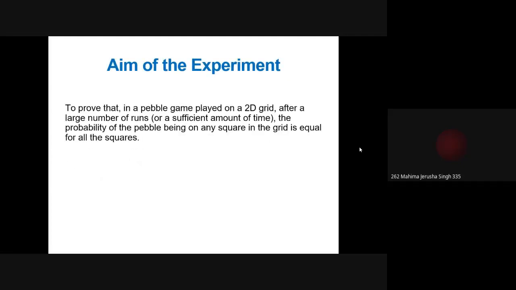Now, coming to the aim of this experiment, what are we actually trying to do here? So we're trying to design the Pebble game as a 2D grid, and after a large number of runs, a sufficient amount of time, a large number of trials, we are trying to sweep the entire grid by supposedly throwing the pebble around, and we are trying to prove here that the probability of the pebble being in any of the blocks of the grid is equal.